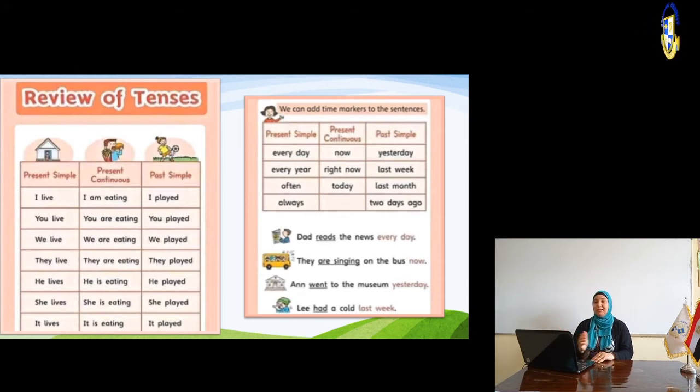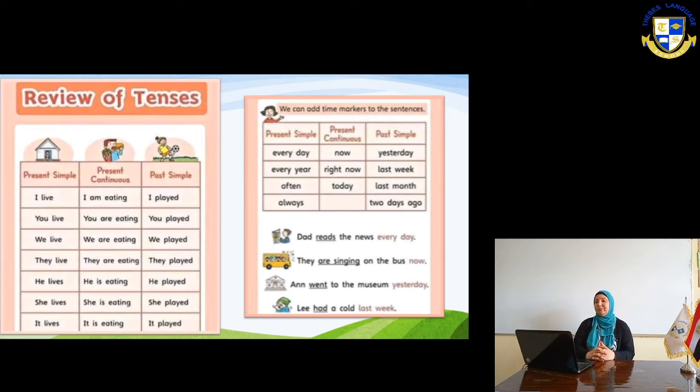If you look at the examples here, you see: Dad reads the newspaper every day. This is present simple. In the next one: They are singing on the bus now. They are doing something right now, like we are studying together now.